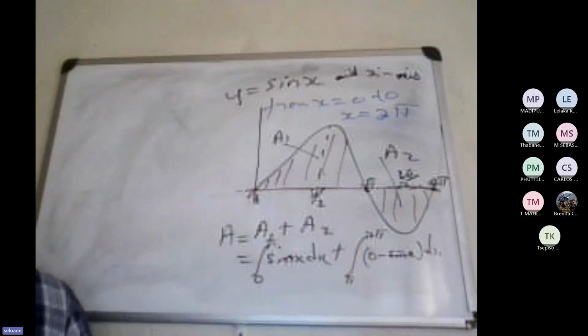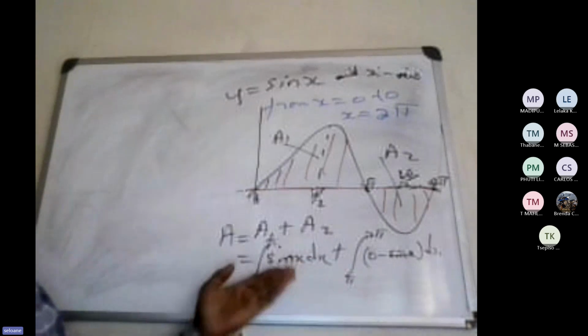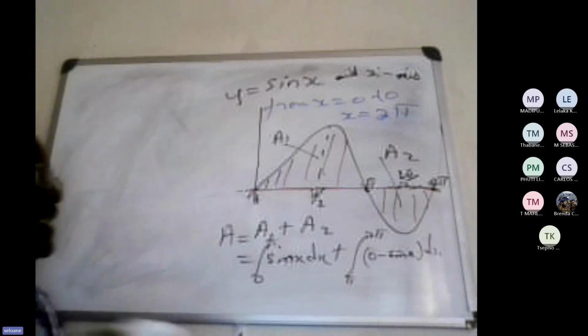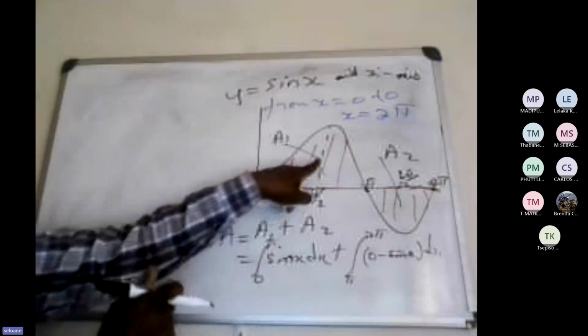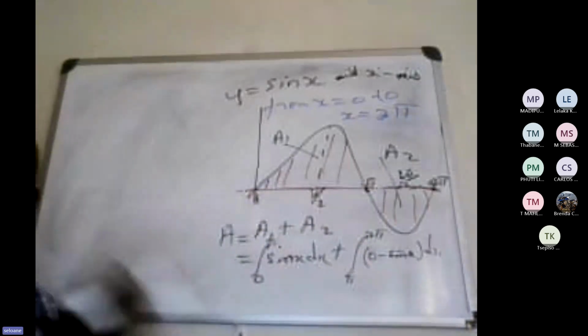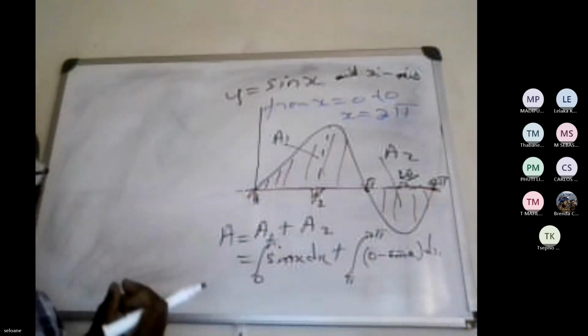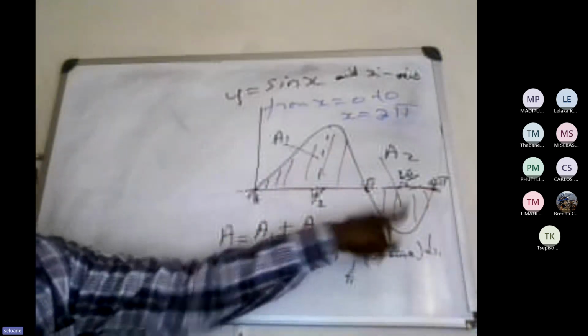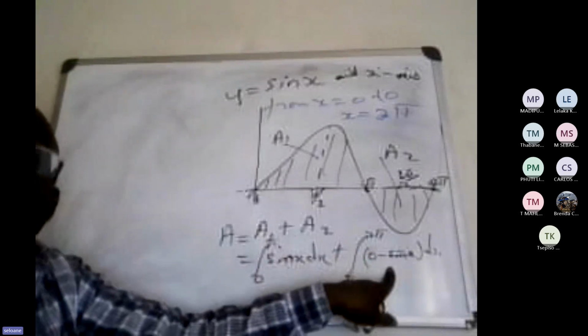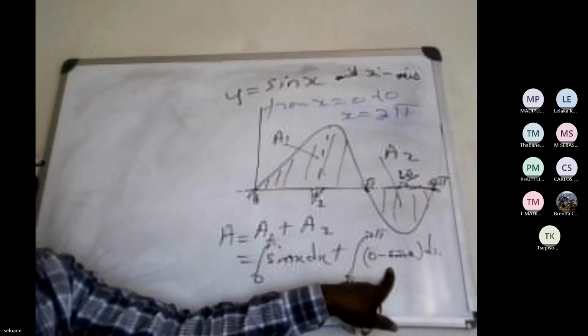Now you integrate it. There's no problem. Everybody can integrate it, including myself. That's good. Or if you see this region, this one and this one, they are symmetrical. They will have the same value. A1 and A2 will have the same value. If the answer here is 4, then this one will also be 4.